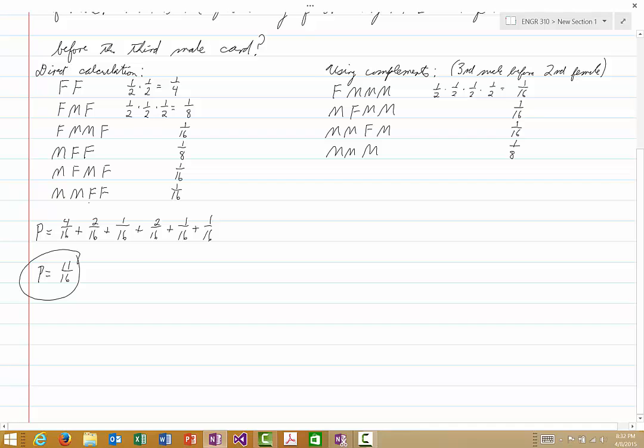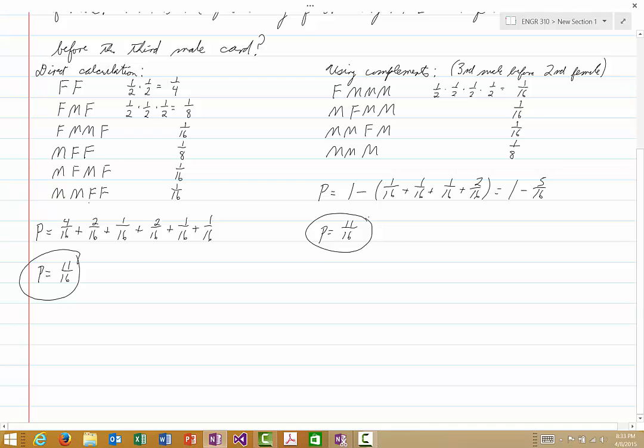And so the probability here would be 1 minus the sum of these probabilities. 1/16 plus 1/16 plus 1/16, and of course 1/8 is 2/16, and so that's 1 minus 5/16, and so we come up with P is 11/16.